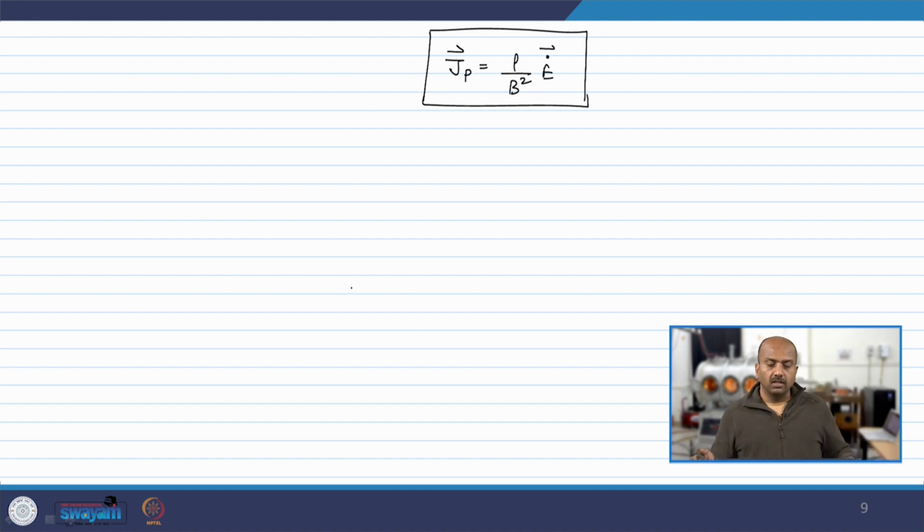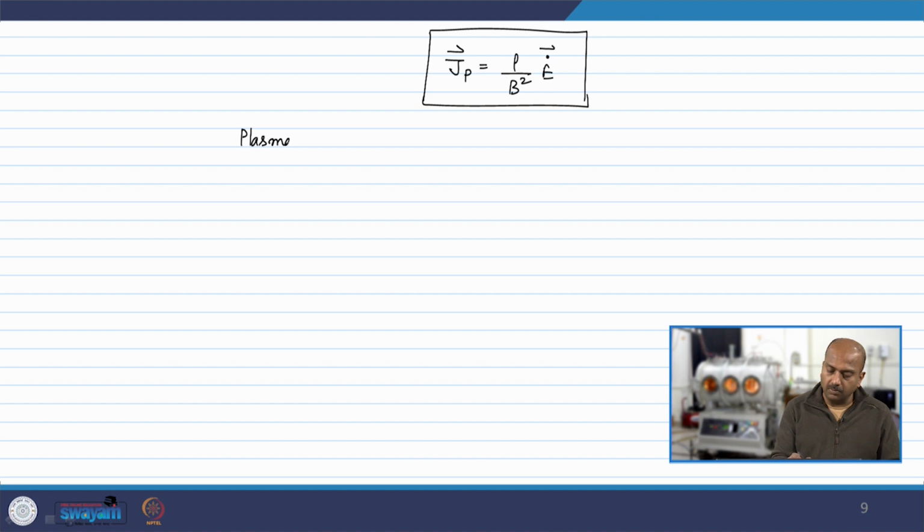So, using this, we can get an expression for the plasma dielectric constant. Plasma, we know what is the dielectric constant. Okay.